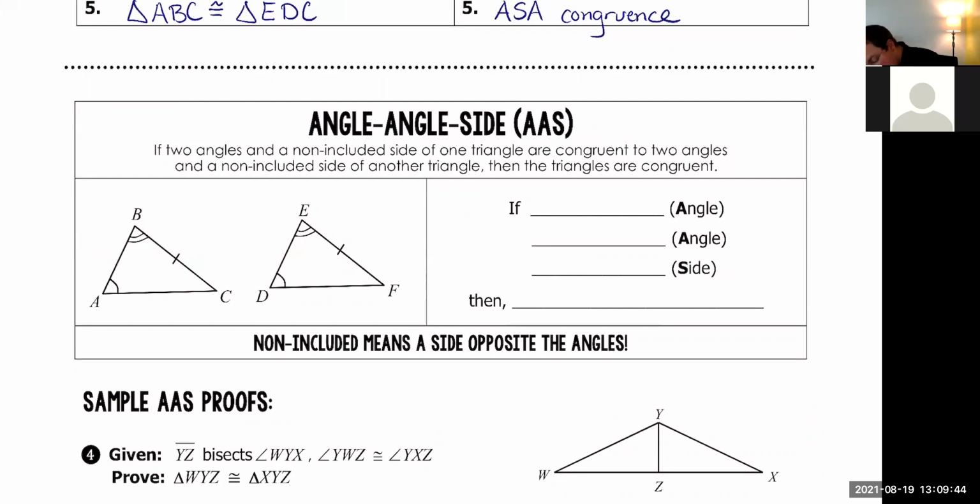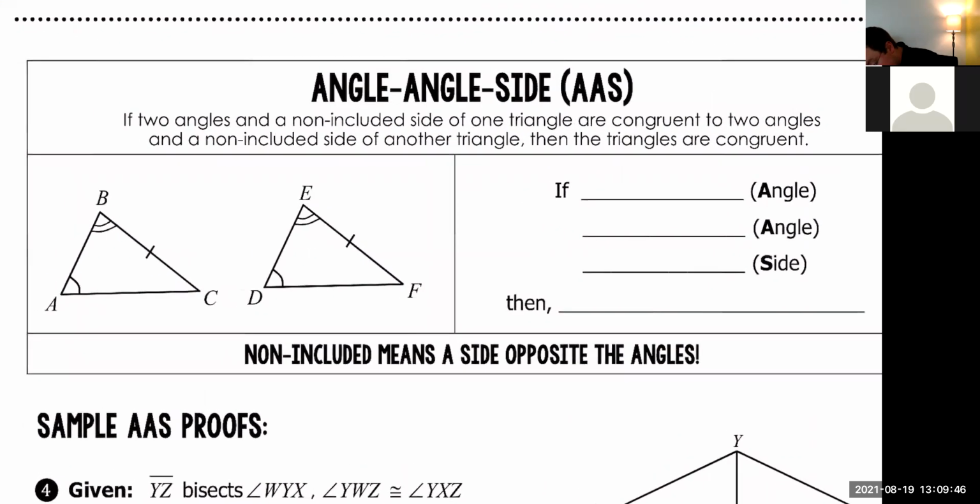So in this particular diagram, zoom in here a little bit. If angle A is congruent to angle D, angle B is congruent to angle E, and side BC is congruent to side EF.